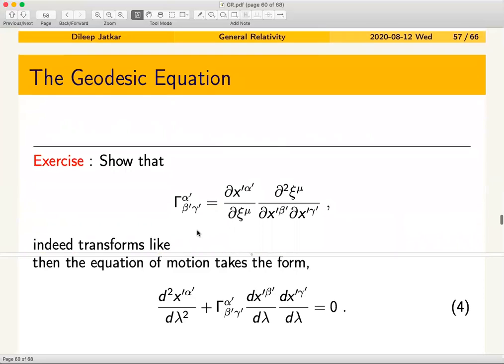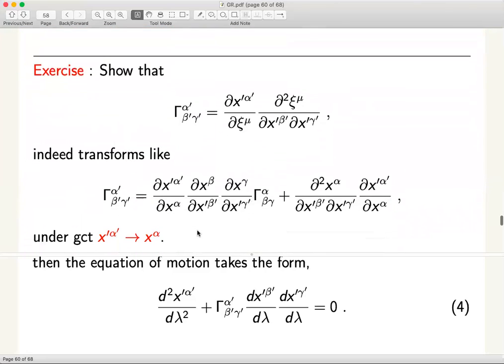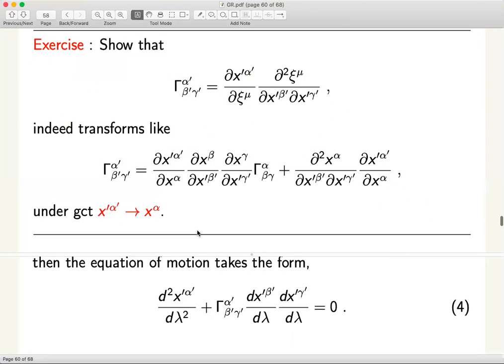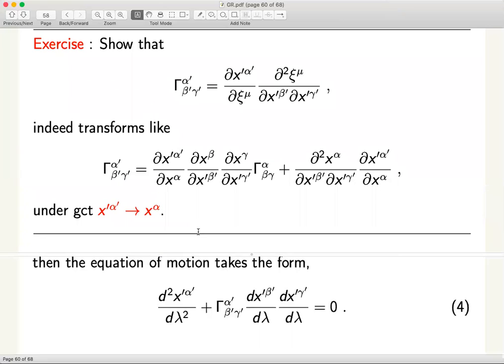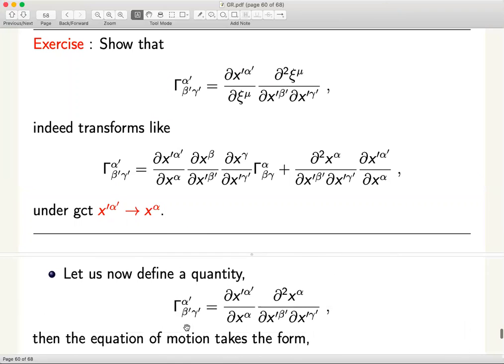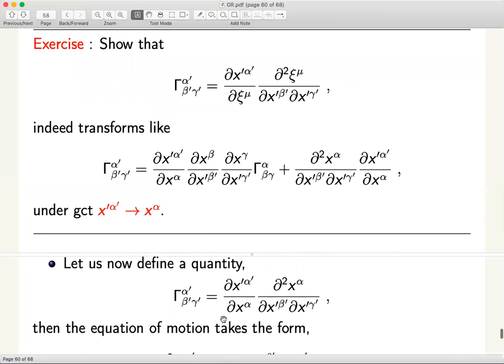Maybe there's an exercise that you may want to do. Remember, we had defined gamma initially to be this: del x prime alpha prime by del x alpha, del 2 x alpha by del x prime beta prime, del x prime gamma prime. What I'm trying to do is that instead of using x alpha coordinates, just use some other coordinates, say xi mu, which are coordinates of some frame.